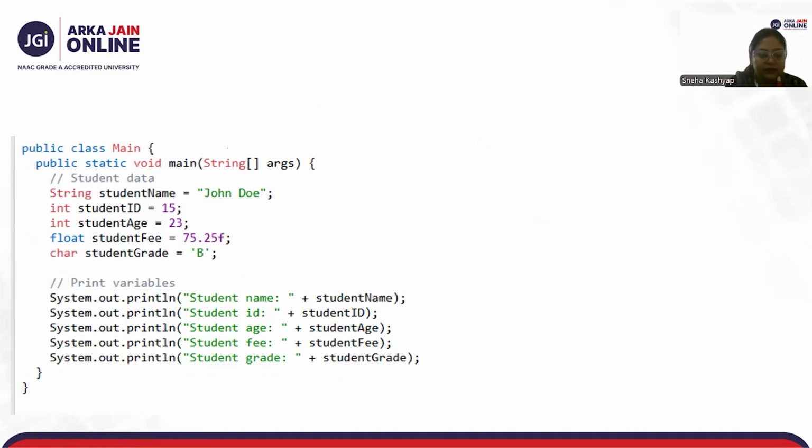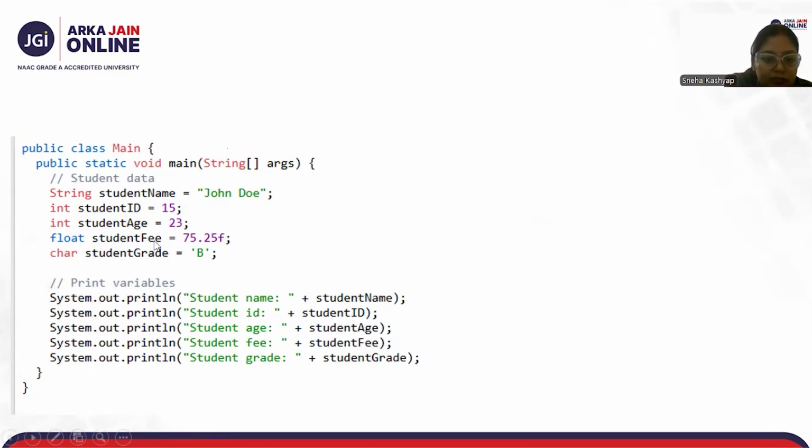The second variable is student ID. This student ID is assigned the value 15, and since the value assigned is 15, it is taken as integer. Next is student age. To this I have assigned the value 23, and it is again of type integer.